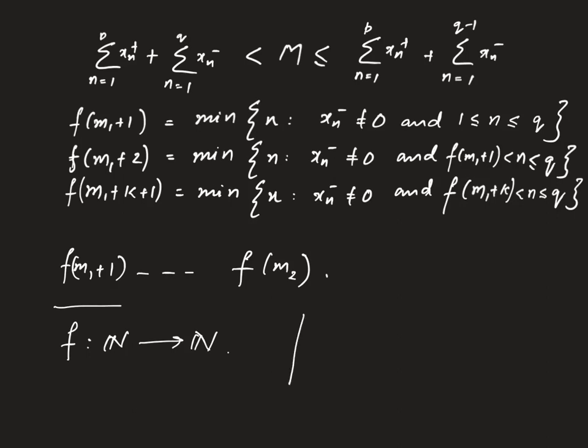So because of that, the series of x f of n converges to m. And that is the end of the proof.